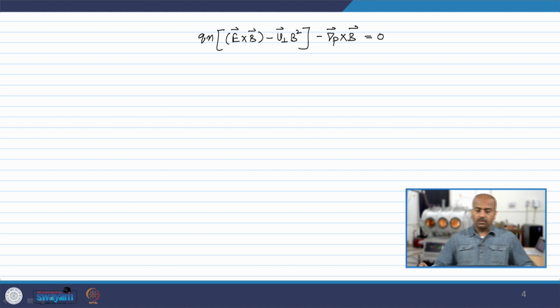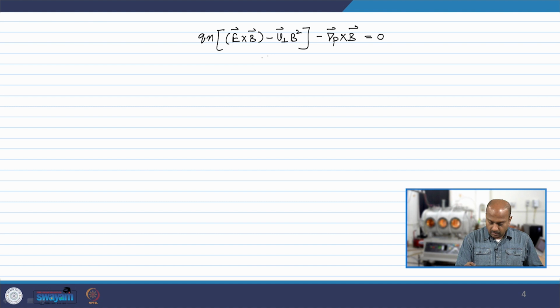So, what we are left with is q n times E cross B minus v perpendicular B square minus del P cross B is equal to 0. Okay.